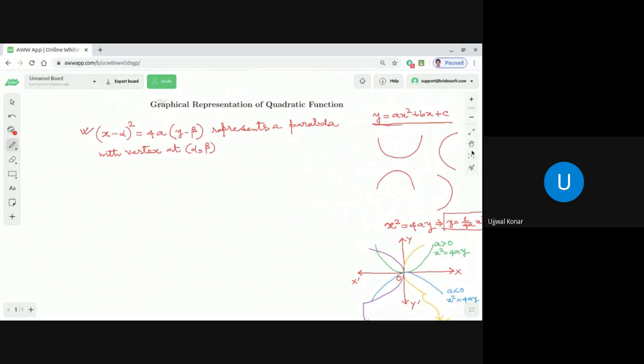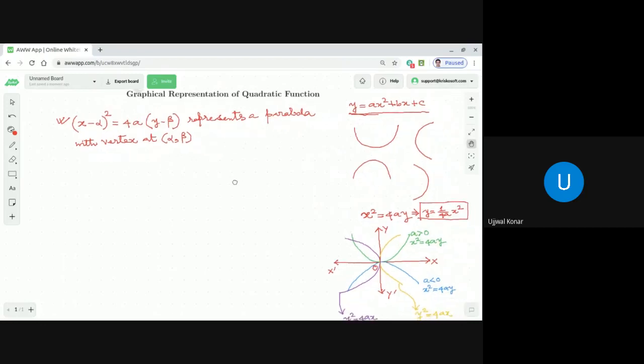And why will we be studying this kind of curve? We will see after some time that y equal to ax square plus bx plus c, this quadratic function, can be represented in the form x minus alpha whole square is equal to 4a into y minus beta.